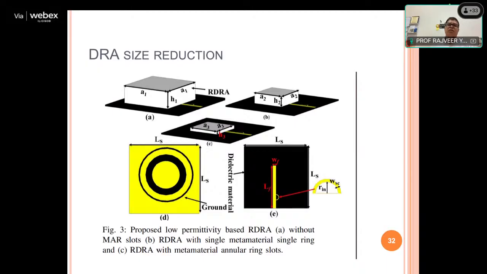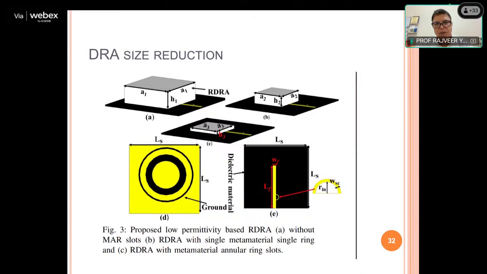So this is a great research achievement, that we are successfully able to use the concept of ENG to compact the size of the GNSS antenna, which was not possible without high dielectric constant material, which was not available in India anywhere. We were purely depending on foreign countries to procure these high dielectric materials at a huge cost.